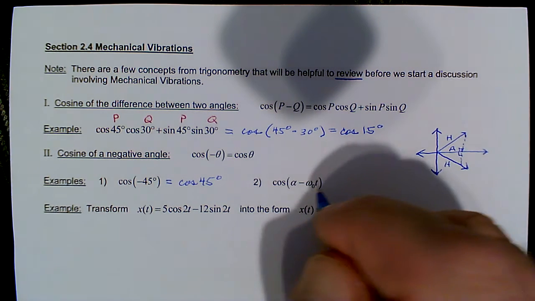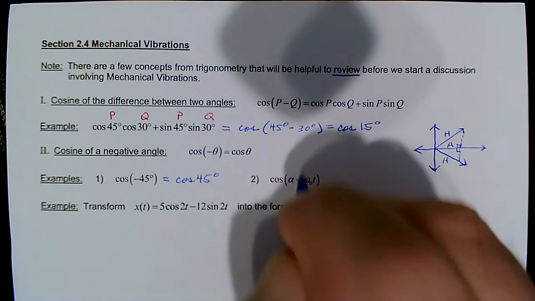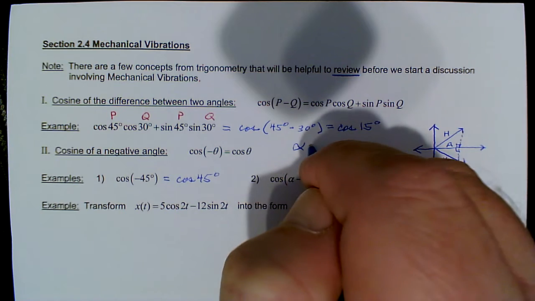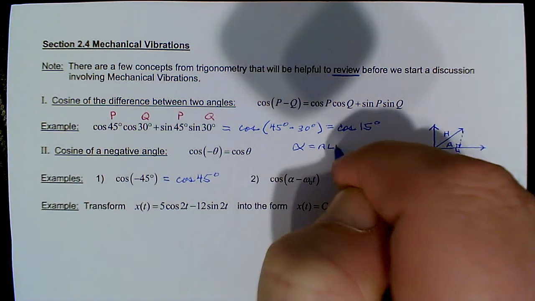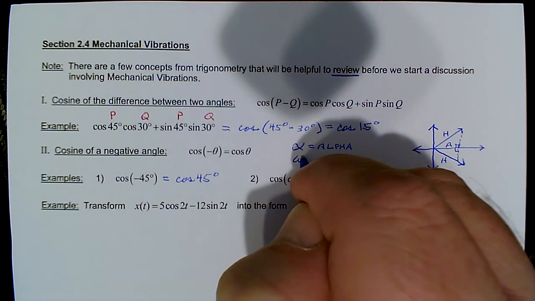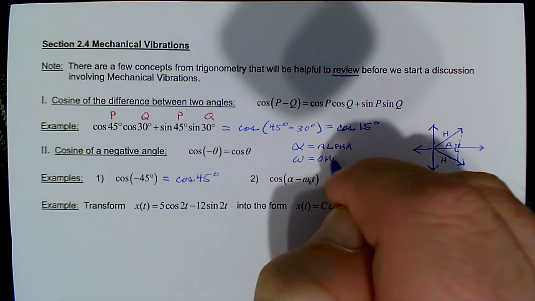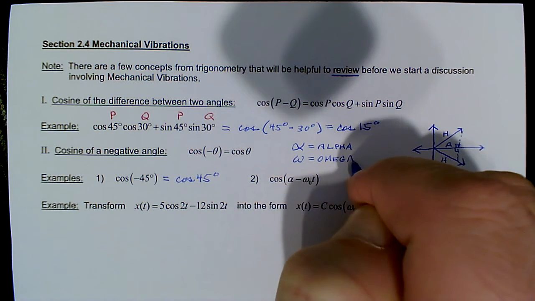Here's actually what we'll be manipulating. We're going to end up with cosine of alpha, this is the Greek letter alpha, as I'm sure you're familiar with, minus omega sub 0 t, where the omega is lowercase omega.